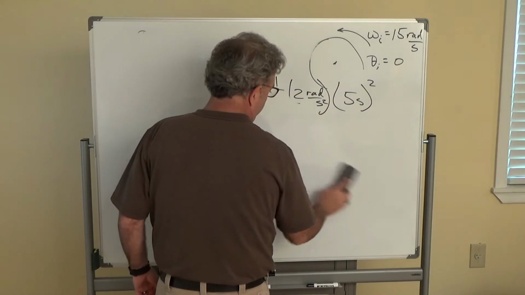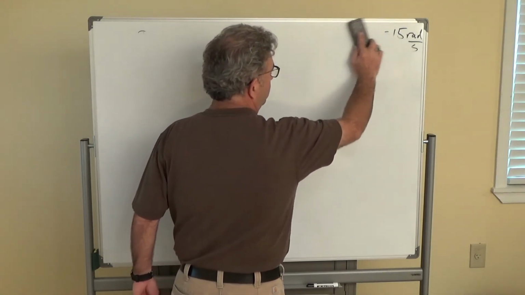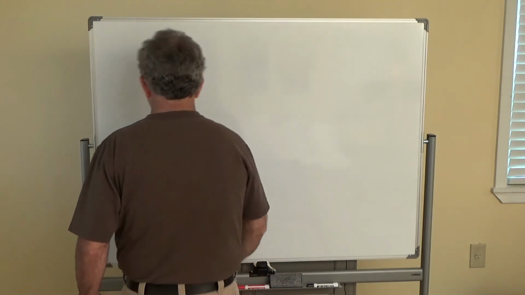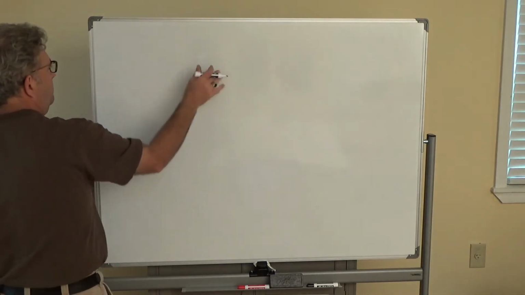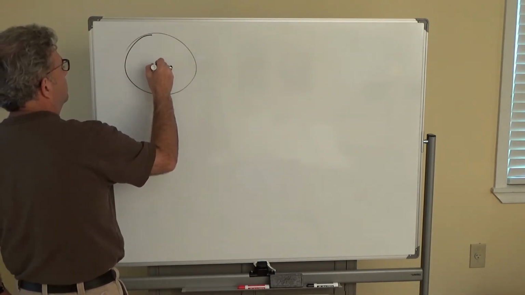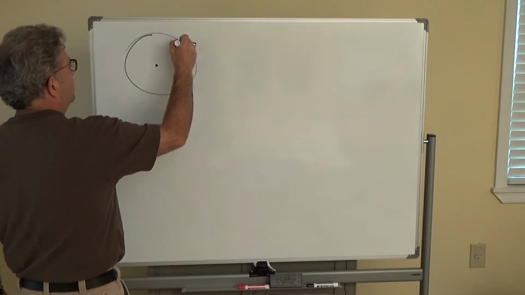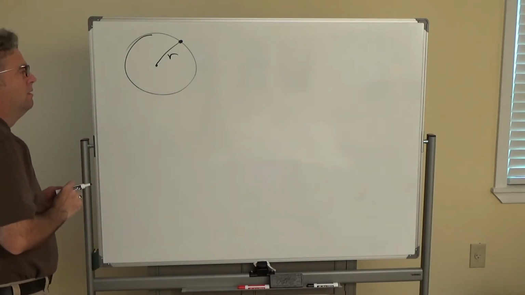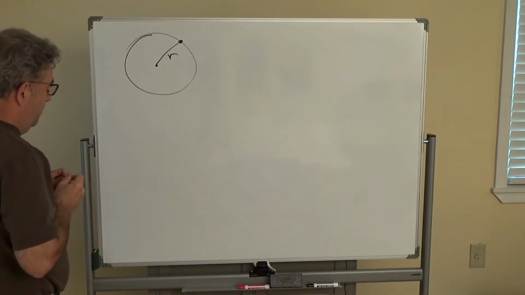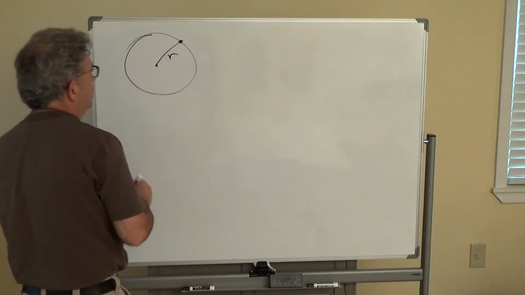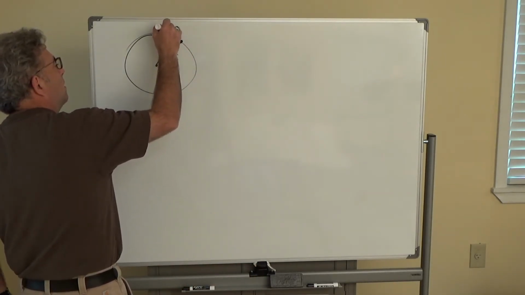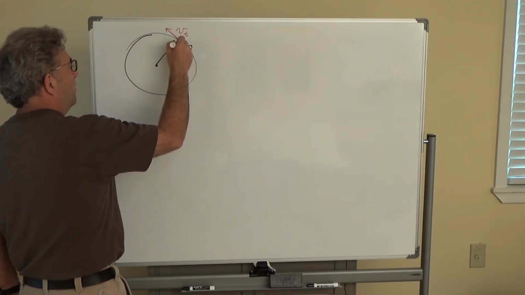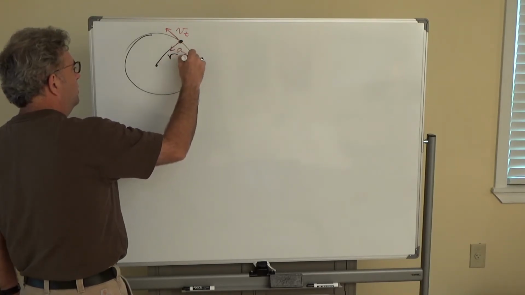Let me say a couple other things about this that are related to the uniform circular motion that we did previously. Here's an object. Let's say there's some wheel. This distance is r. It's rotating. There is a tangential velocity in this direction. You all know that there is a centripetal acceleration in this direction.